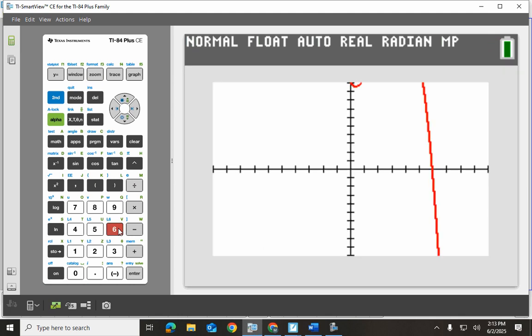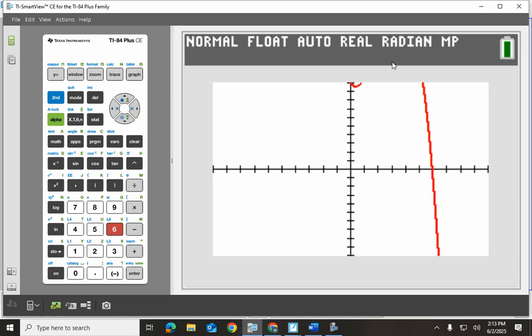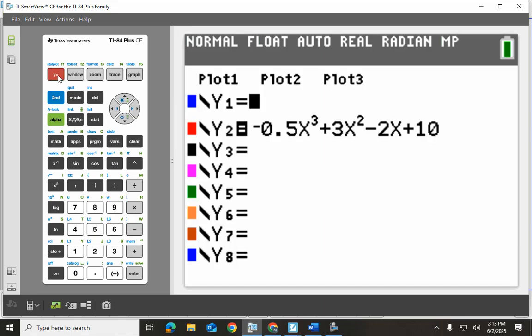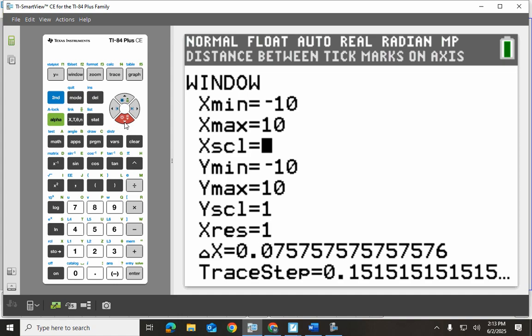Okay, I got a tiny little dip right here. So I need to go up here and up here. So I need to make my Y max a lot bigger. So Y max, I'm going to make it 100. Now technically, I don't need negative x's or negative y's because you can't go negative distance, you can't go negative height.